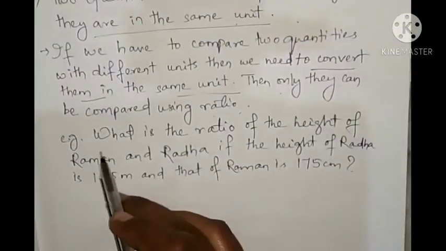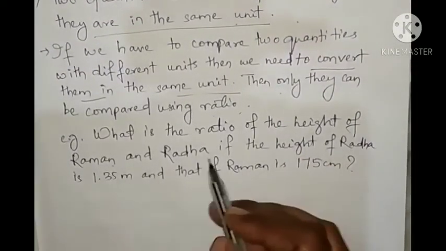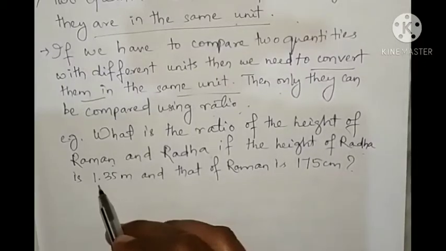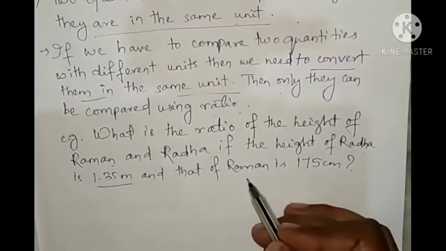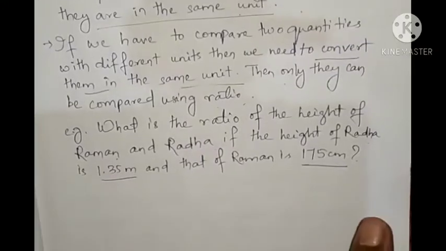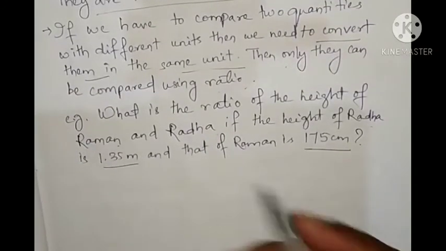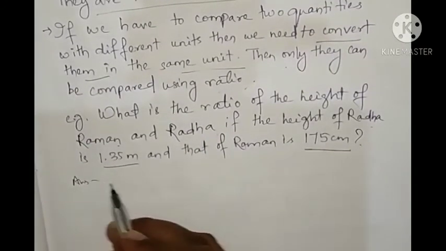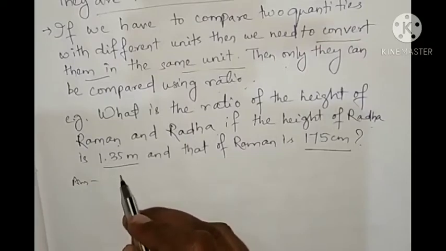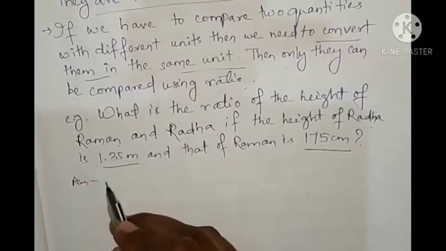So look at here. What is the ratio of the height of Raman and Radha if the height of Radha is 1.35 meter and that of Raman is 175 centimeter? So look at here. What will we do? We'll find out the ratio. So ratio of what will we find?